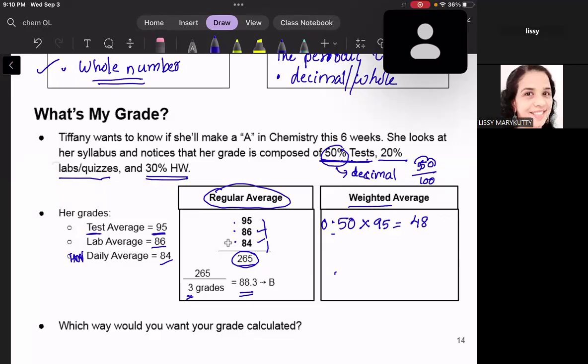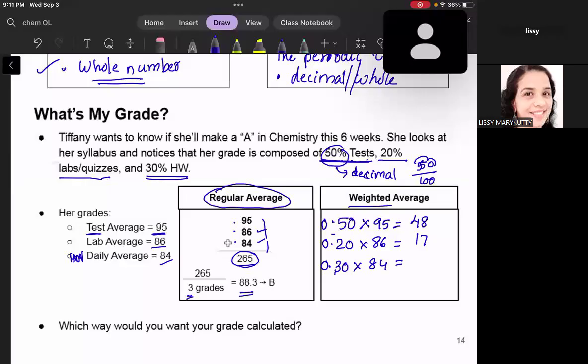Next one is 20 percent for her lab. Convert the 20 into a decimal, which is 0.20, times her lab average, 86. When you do the calculation, you will get 17.2, which I'm going to round to 17. Then finally, it is 30 percent for her homework, which is 0.30, and the homework grade is 84.